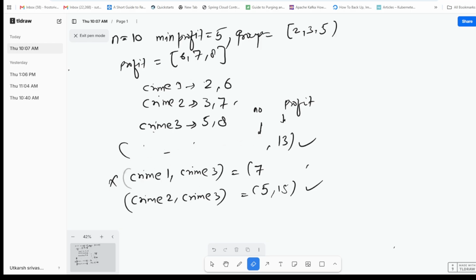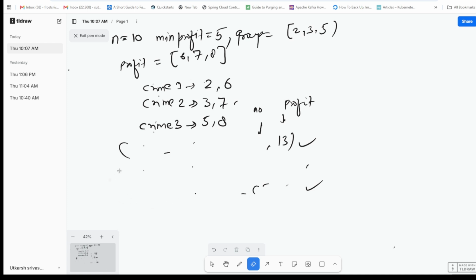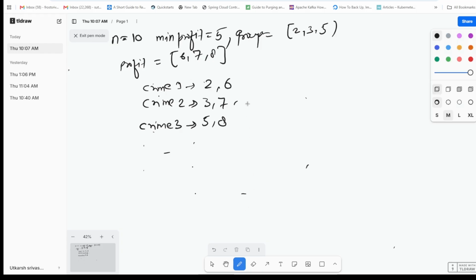So if we take the 10 only, what are the crimes that we can perform? Actually, we need to find the combinations. I mean, how many such combinations are possible with this. So we can easily perform crime 1, right? Like only this crime we can easily perform.